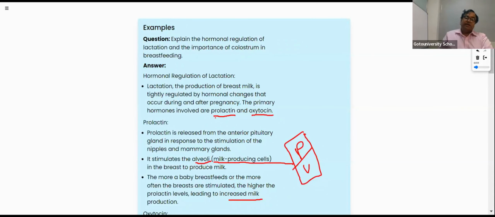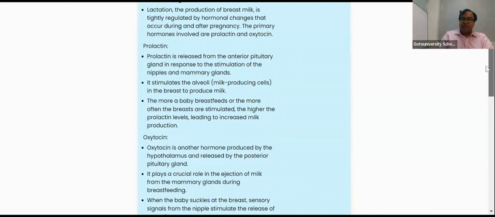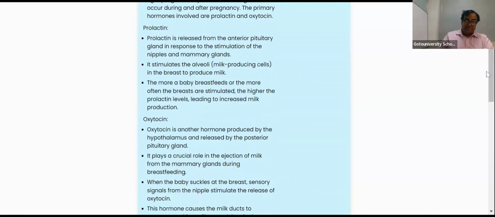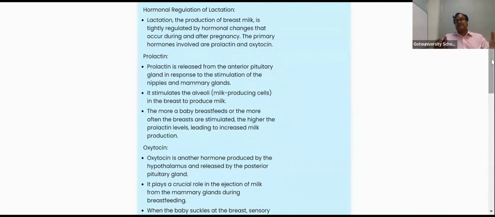Cholesterol is very, very important for what? To bring effective antibody circulation. When we narrate, all the answers should have a lot of subheadings.